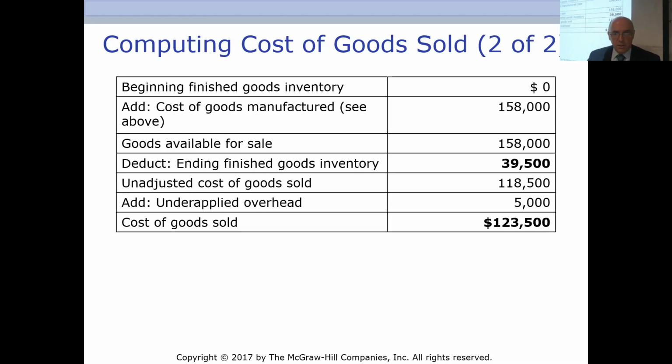So the unadjusted cost of goods sold, because this is based on estimated numbers, 118,005. But we know that the cost of goods sold should be 123,005 because our estimate was off. So we have to add that other 5 because it was underestimated, underapplied. So that's the indirect method. The nice thing about the indirect method is that it shows everything.